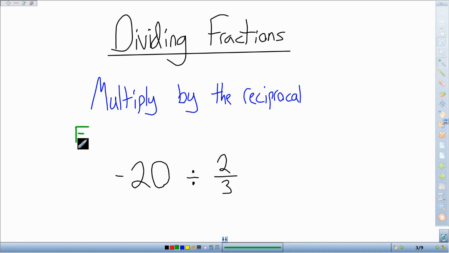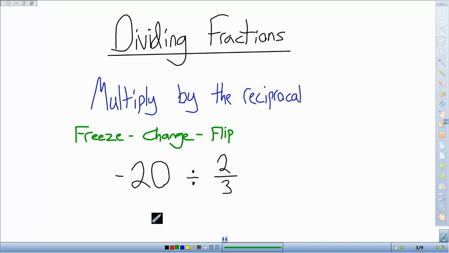Something you might want to add to your notes is just that. We're going to freeze, which means we leave the first number alone. We then change our division sign to multiplication, and then flip the second number. So freeze, change, flip. It's the shorthand way of remembering how to do this math.